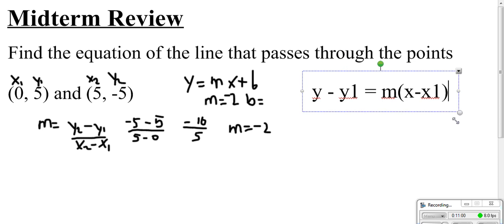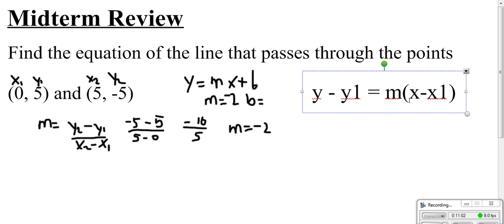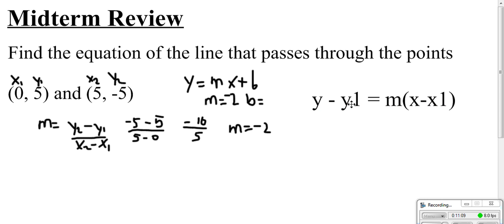And that is called the point slope formula. That's what you have to use. You have to use that point slope formula. But for this question, you don't have to. For this question, this is a gift.